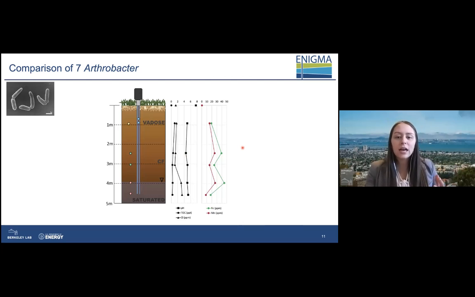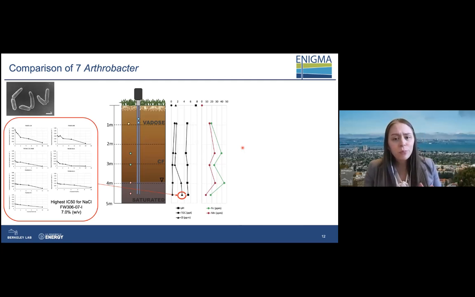We looked at parameters like pH, chloride for salinity, and several metals, and I've only highlighted a handful here. Of course, we looked at that whole panel of different geochemical parameters that I talked about earlier.